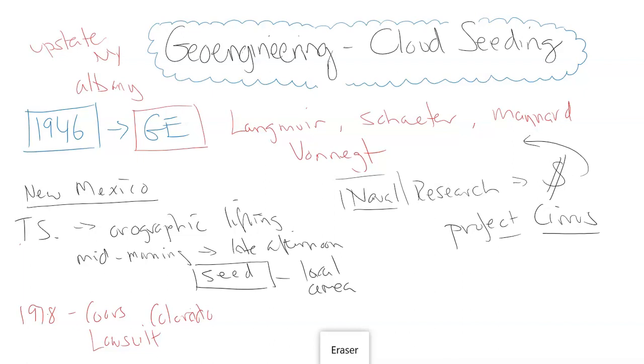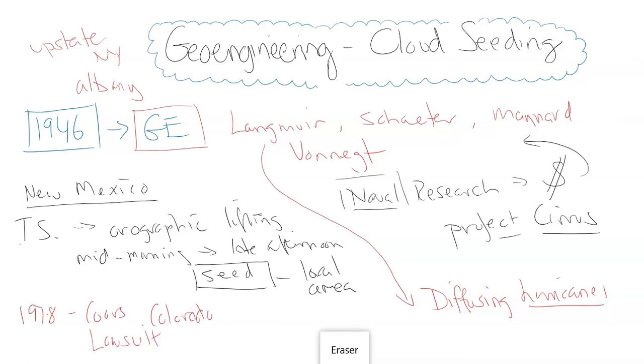And the next thing was very controversial. Langmuir started to discuss the possibility of diffusing natural disasters like hurricanes, trying to manipulate and adapt hurricane development so it would diffuse a hurricane before it became a large storm.